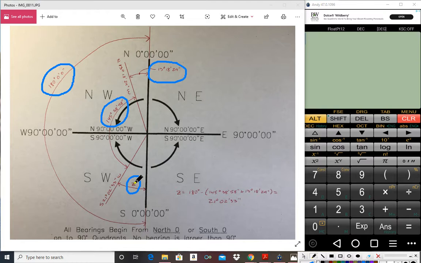The full half circle is 180 degrees. So from 180 degrees, I need to subtract the two angles: I add the 145, 38, 58 and the 13, 18, 29, and subtract them from 180. The resulting angle will be 21 degrees, 02 minutes, and 33 seconds. That'll then give me my bearing in the southwest quadrant, 21, 02, 33.